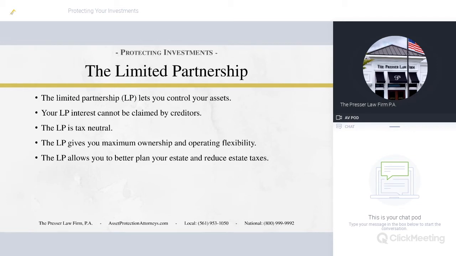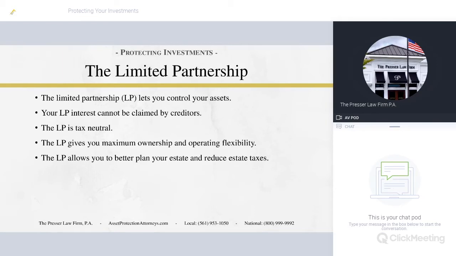Now, going back to what we started with when we started talking about partnerships, the limited partners have no control and no liability. The general partner has control and liability. We make sure that the general partner is a protective entity so that we keep the client from having any sort of liability. What's different with the partnership, though, is it's very different than a corporation.